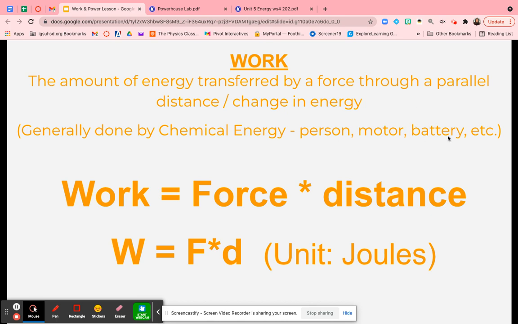And the equation for work is force times distance. The unit we use for work is joules, because work by definition is a change in energy. And so work is going to have the same units as the unit we use for energy. So joules is our unit for work.